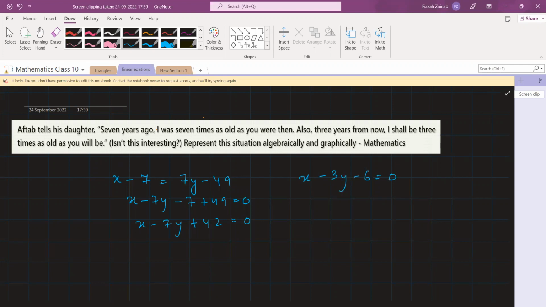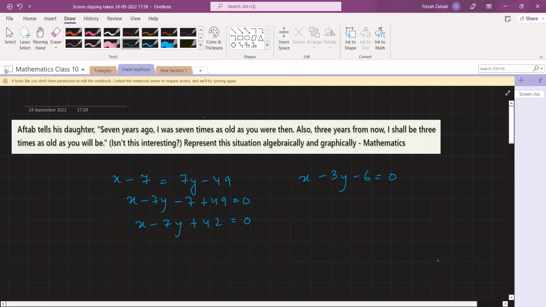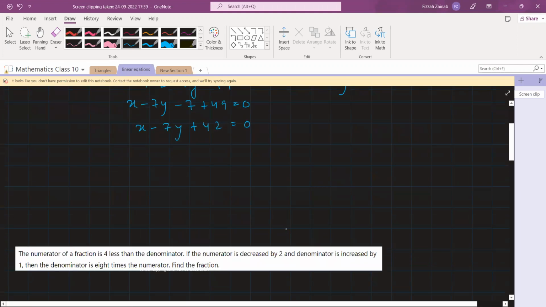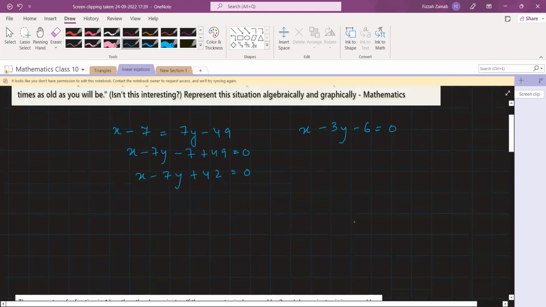Can you just roughly plot it on the graph? Okay, I'm just leaving the graph part, that you can complete. So come to the next question.